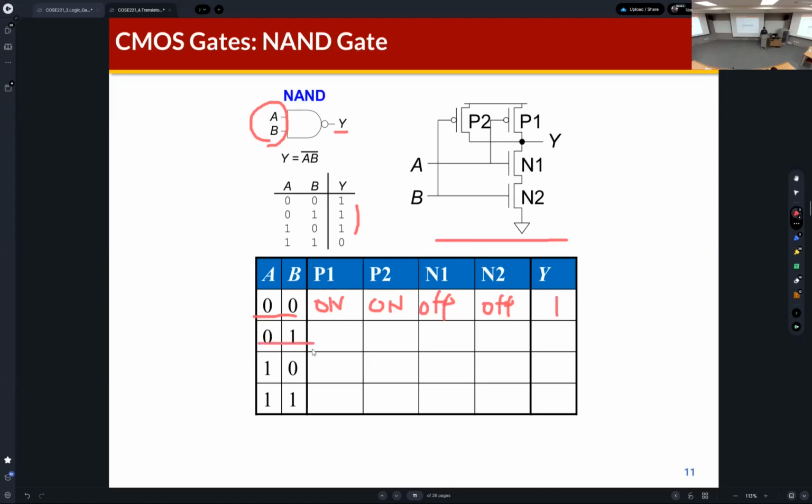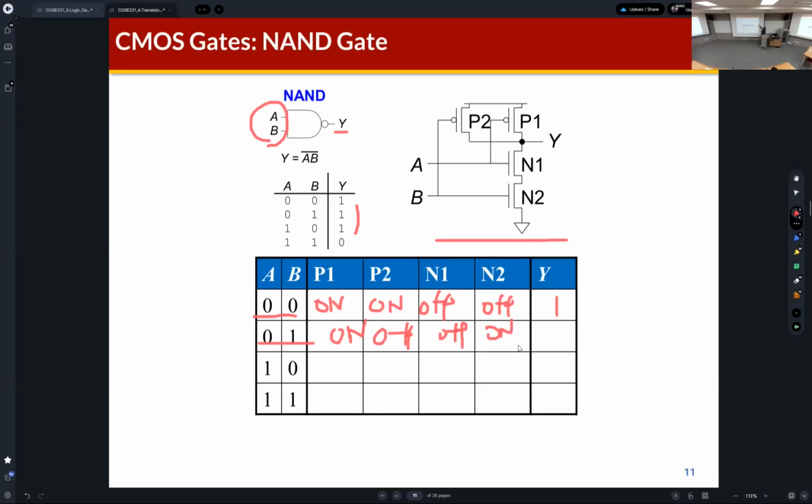How about 0, 1? P1 is on, right? And then P2 is off. And then N1 is off, and N2 is on. Sorry about that writing. So what will happen?